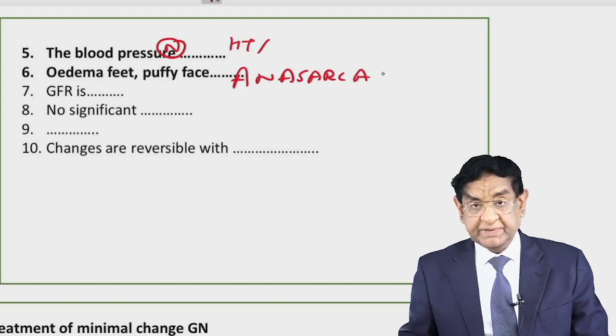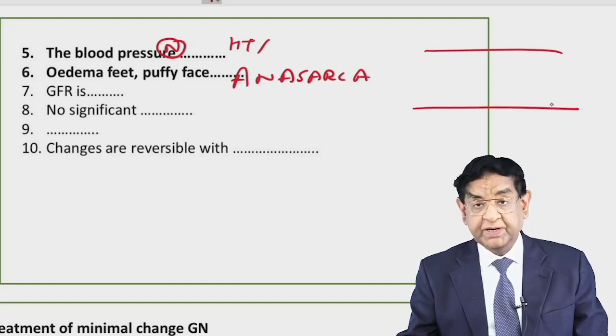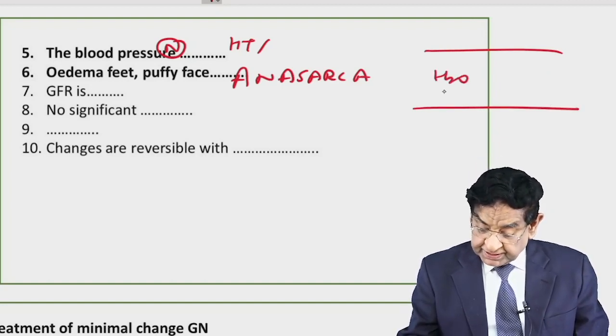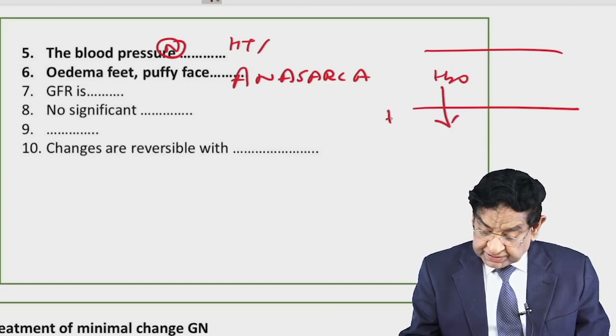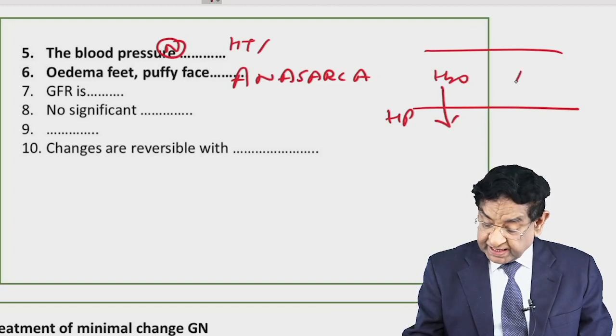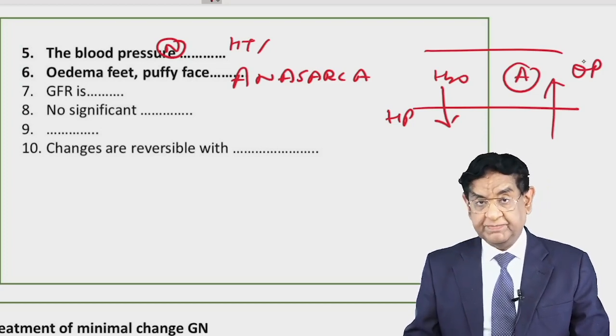Why? Let's learn the basic concept. Here is the blood vessel. In the blood vessel we have water. It tends to go out via hydrostatic pressure. In the blood vessel we have albumin. It tends to bring water inside via oncotic pressure. OP is oncotic pressure.